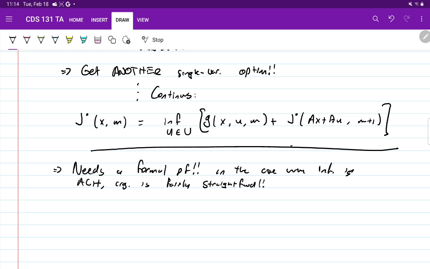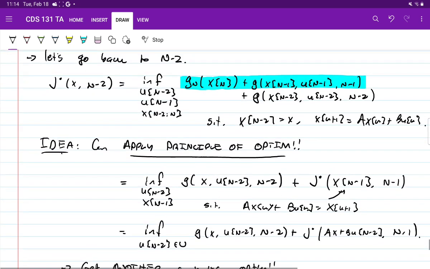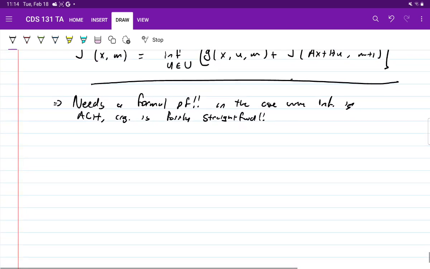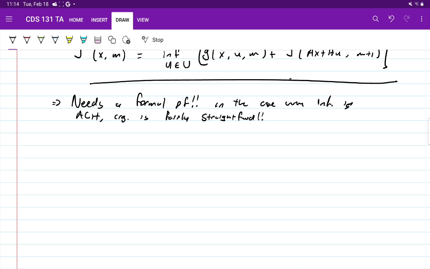But in the other case where the infimum isn't actually achieved, right, where there's not actually an input in your set U which gives you precisely your infimum, the argument's a little bit more subtle, and you need to do an inequality in both directions kind of argument, okay? So the proof of that will be in the notes, but if you just want to reason about it using the simple structure that we had up here, where you take the principle of optimality as a fact and you don't prove it, that's fine for the purposes of this course, okay, since we're not an optimal control class.